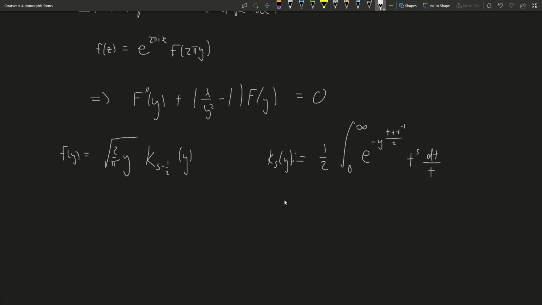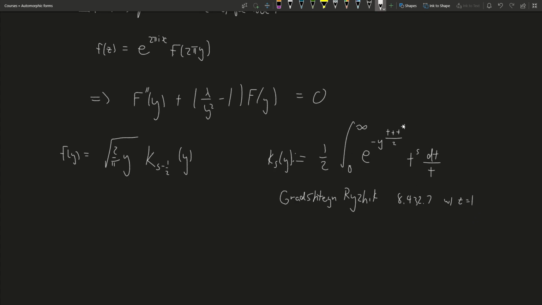And there are a lot of equivalent definitions of this. This one I'm getting from Gradstein and Ryzhik, equation 8.432.7 with z equals 1.